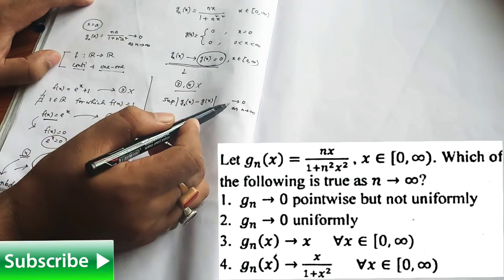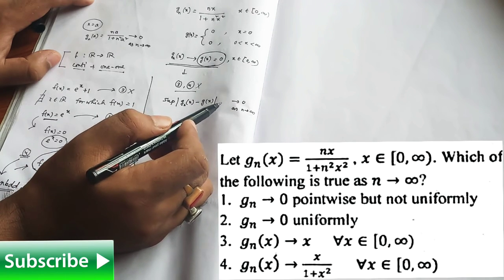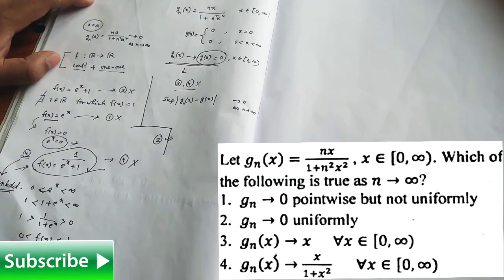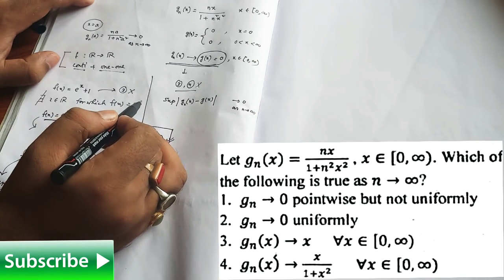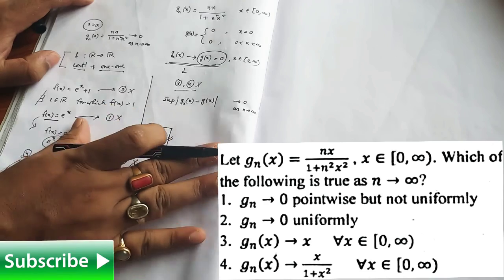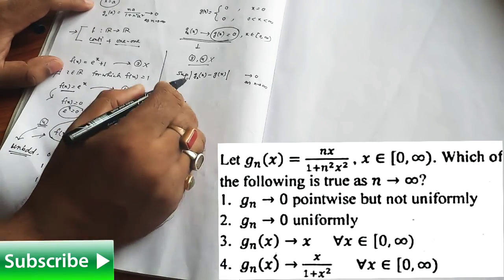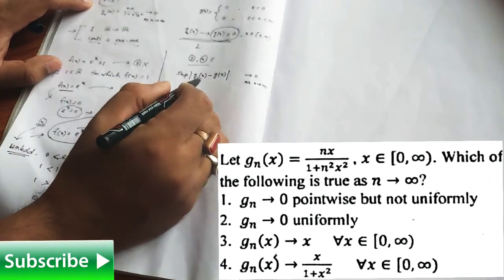If it does not tend to 0, then we will say it is not uniformly convergent. Clear? That is the basic approach to check whether a sequence of functions is uniformly convergent or not. So let's try to find this supremum.